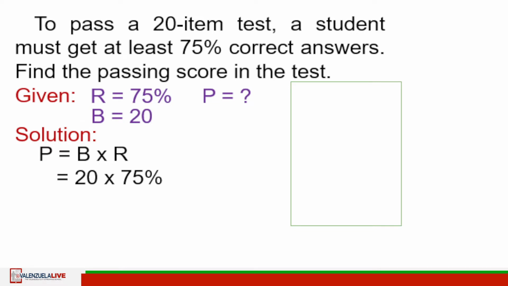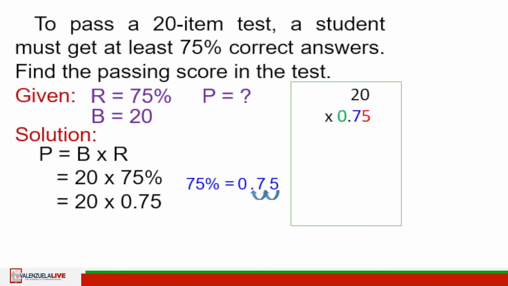Of course, we need to convert first 75% to its decimal equivalent, which is 0.75. And if we multiply 20 times 0.75, we have 5 times 0 is 0, 5 times 2 is 10. And 7 times 0 is 0, 7 times 2 is 14, and regroup 1.